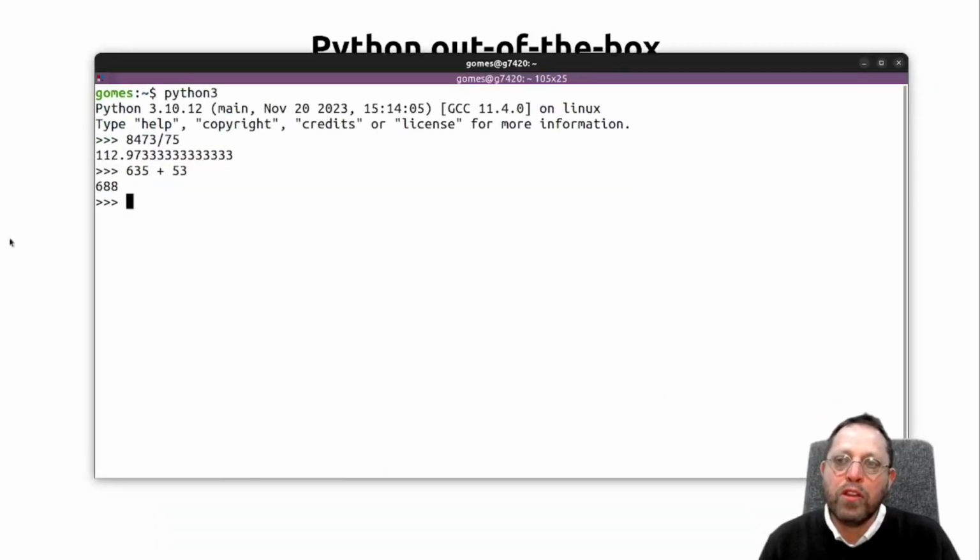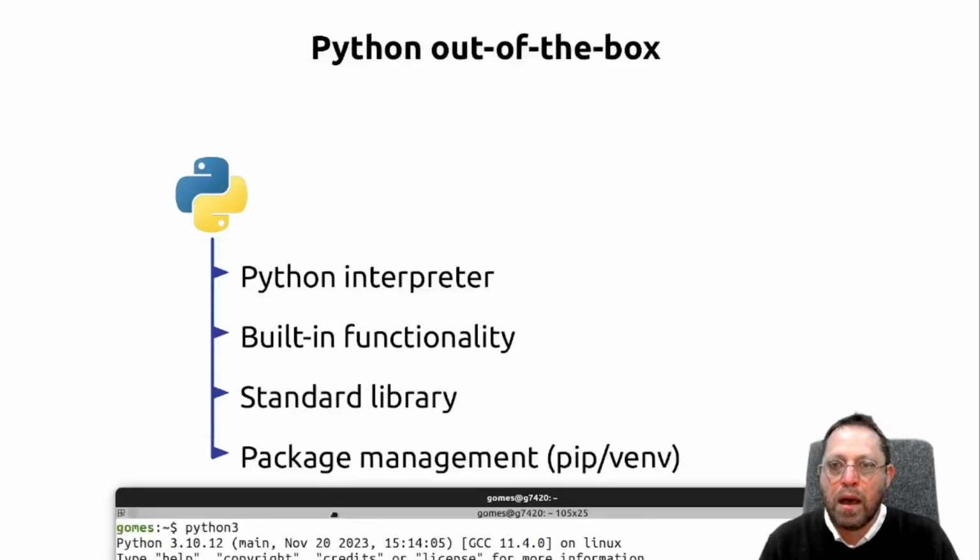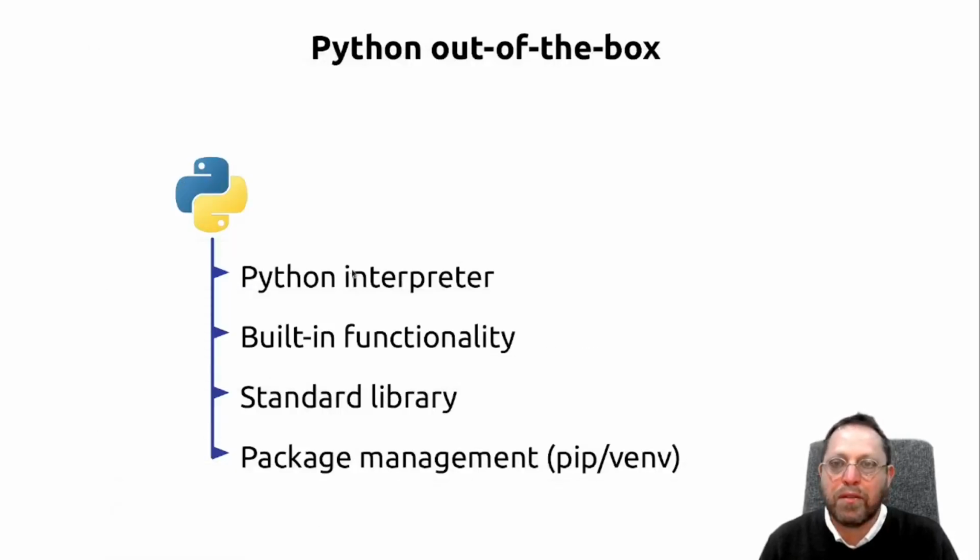So when you load the Python interpreter for the first time, what it knows how to do is known as the built-in functionality. And that includes these sorts of basic arithmetic operations, and then other stuff.